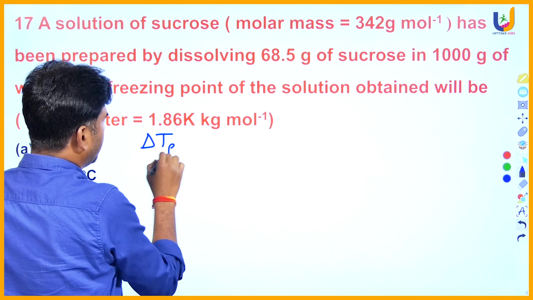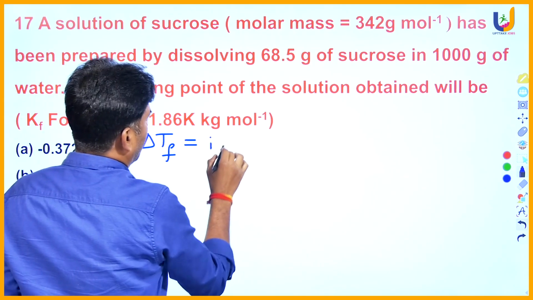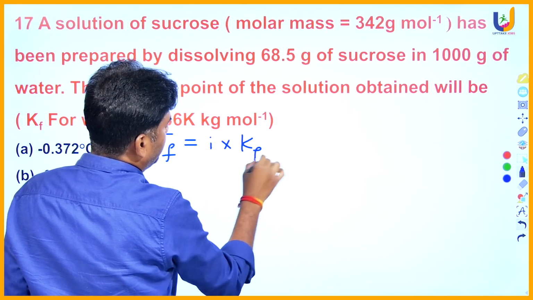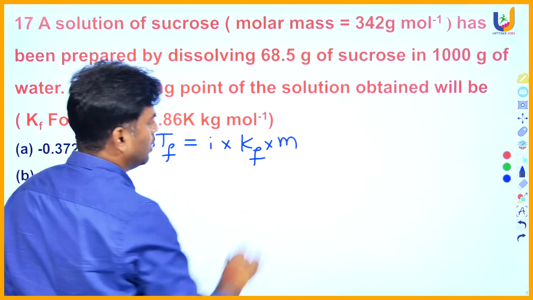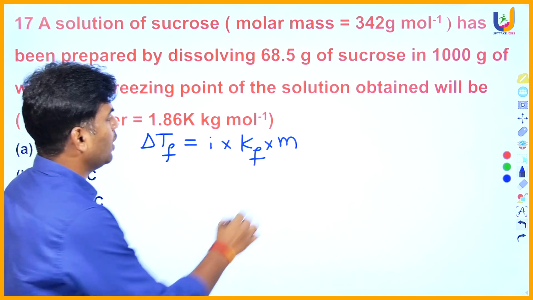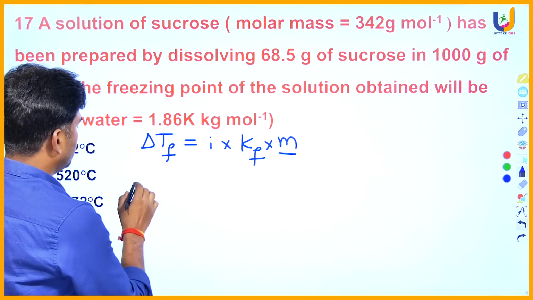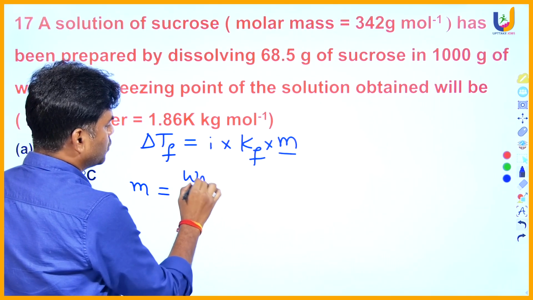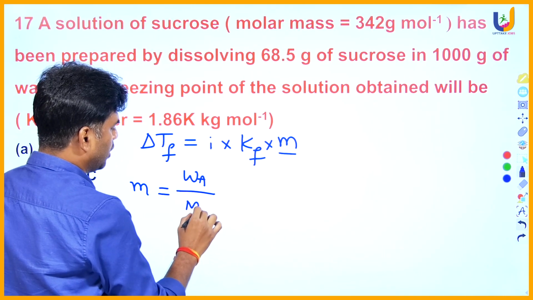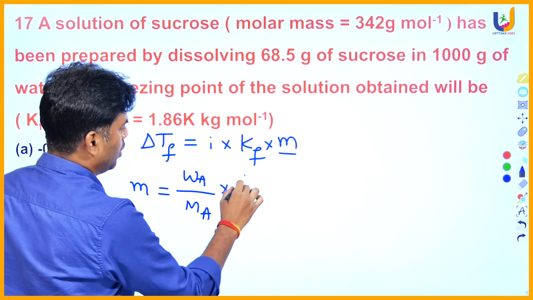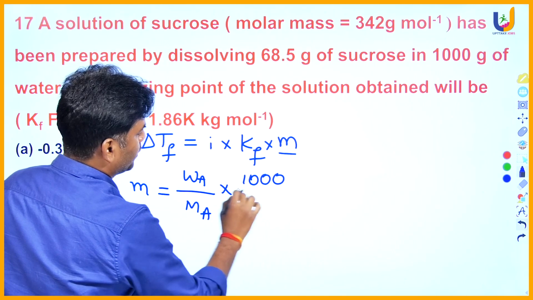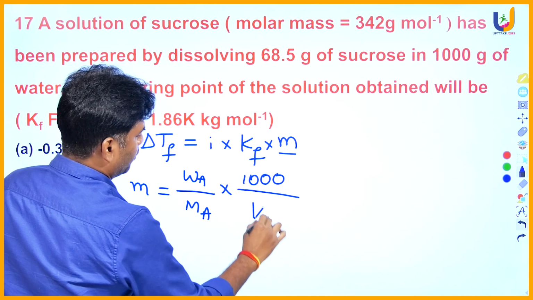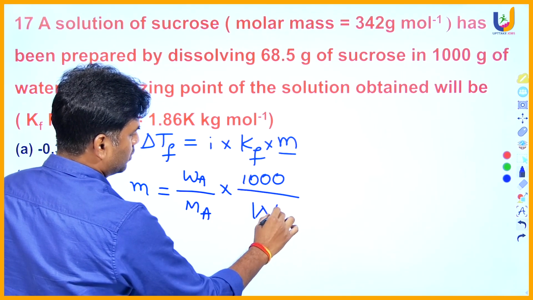Delta Tf is equal to i into Kf into molality. First of all, we need to find the molality. Molality m is equal to weight of solute by gram molecular weight of solute, into 1000 by weight of solvent.